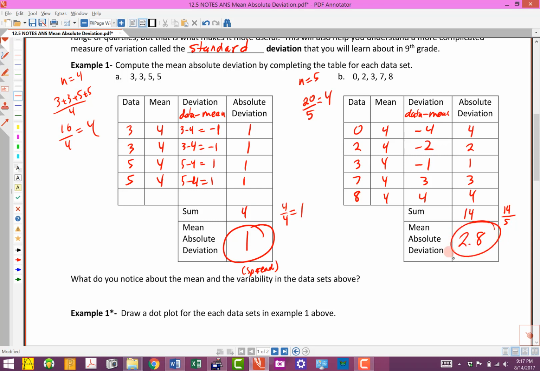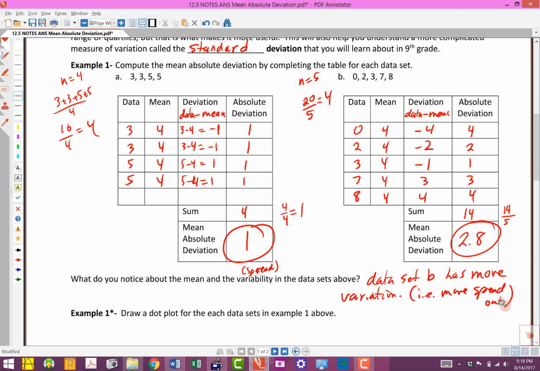So since this has a bigger mean absolute deviation, this probably has more variation among it, more range. The numbers are more spread out. Okay, so we're going to put data set B has more variation. In other words, that is more spread out.